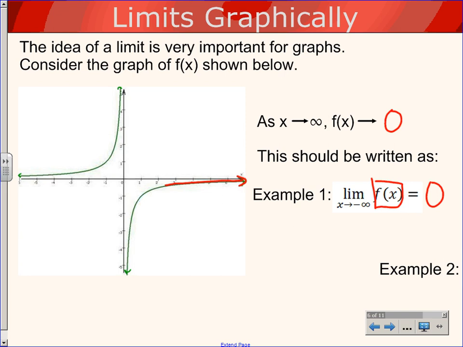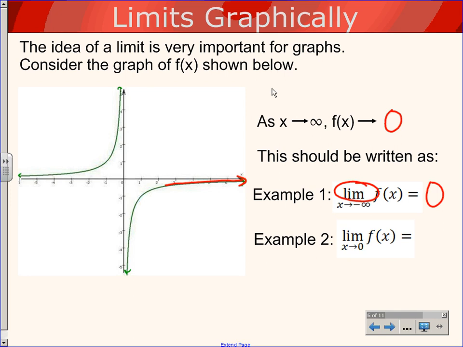So here's where we have to be really careful with our use of the symbol equals. I'm saying the limit is equal to 0. Does the function ever equal 0? No, it does not. But I'm not talking about it actually equaling 0. I'm talking about this idea of the limit. I'm saying, what do we get close to? The answer is 0. I get closer and closer and closer to 0. I just never quite get there.